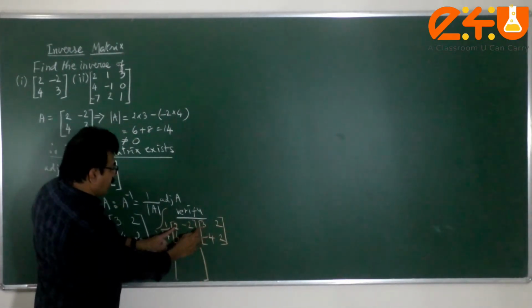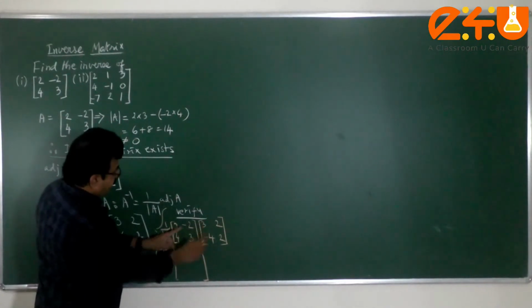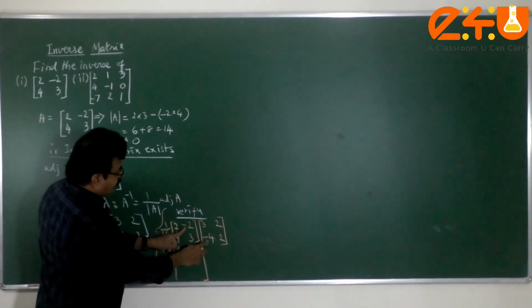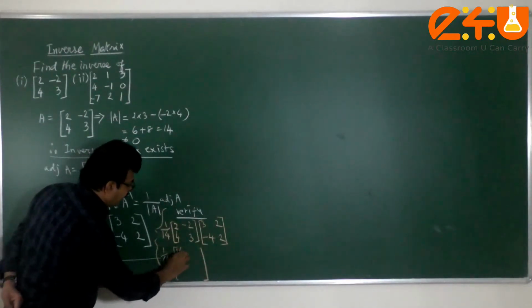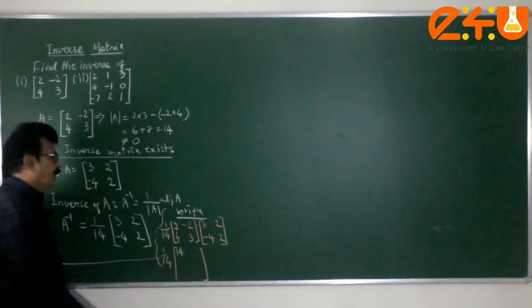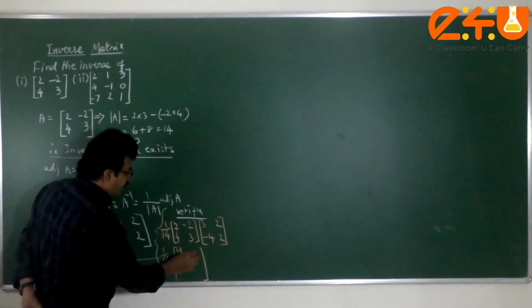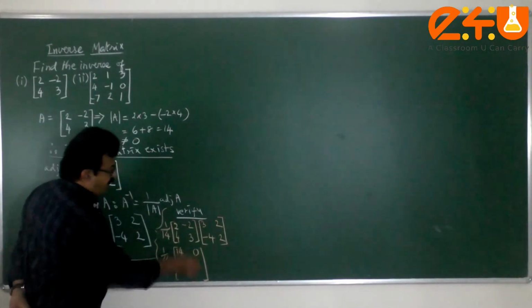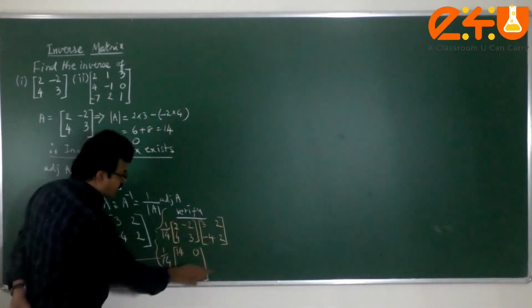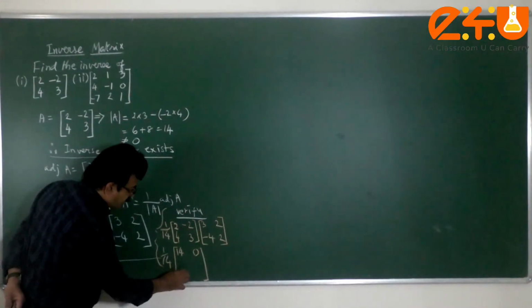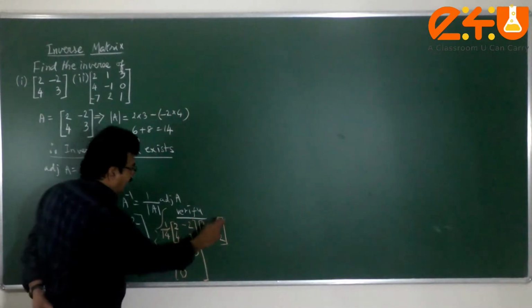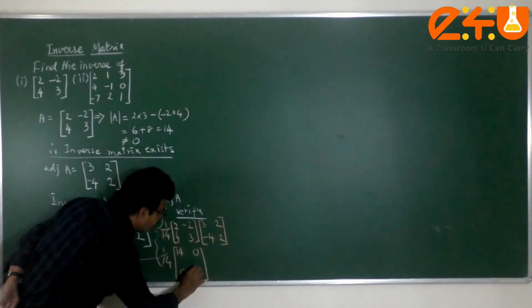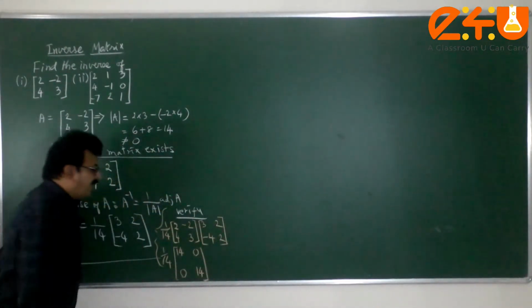First row, first column: 2 threes are 6, minus 2 into minus 4 makes 8. The accumulated sum is 6 plus 8, giving you 14. First row, second column gives 4 minus 4. Second row, first column gives 12 minus 12. Second row, second column makes 8 plus 3 times 2, so that makes 14.